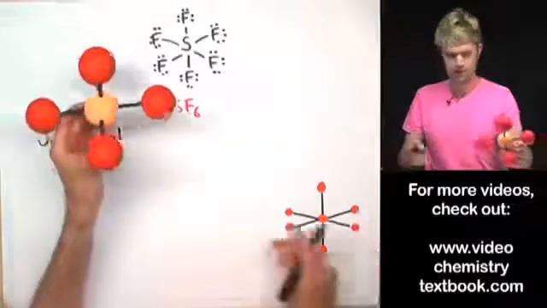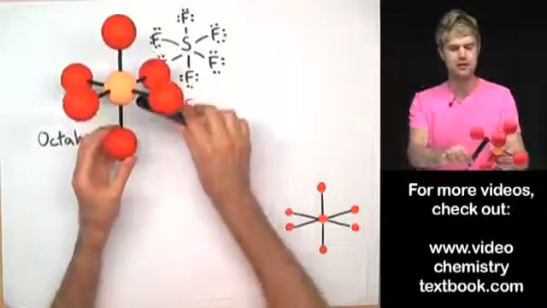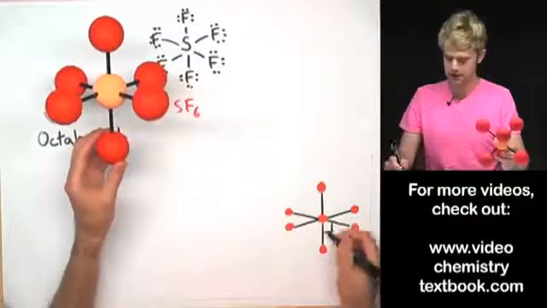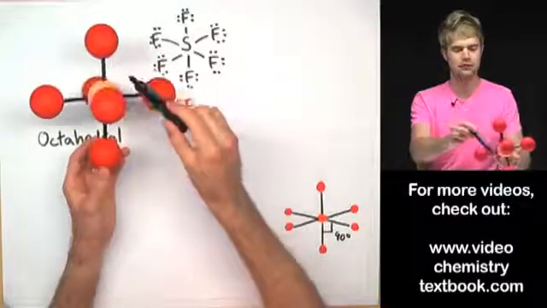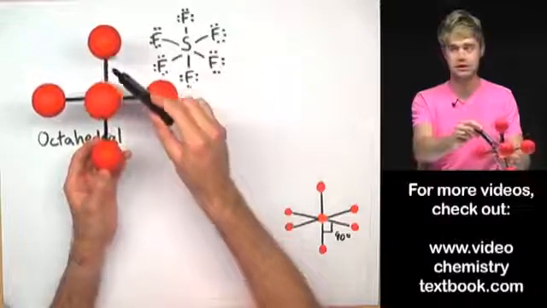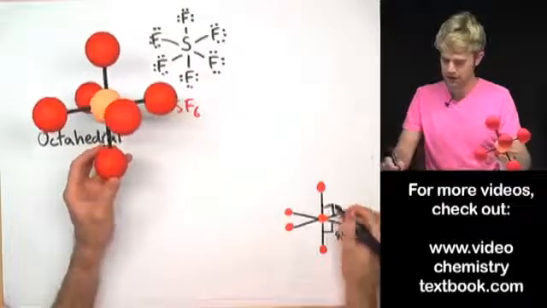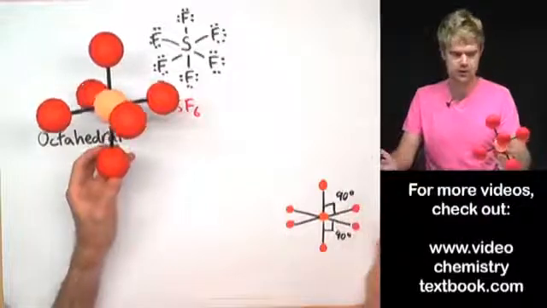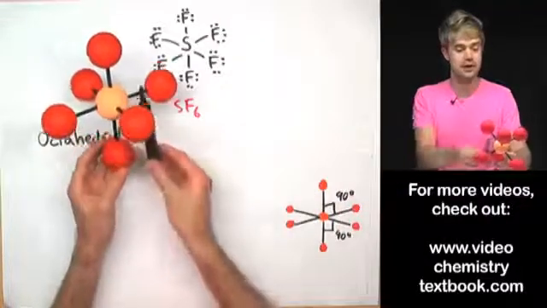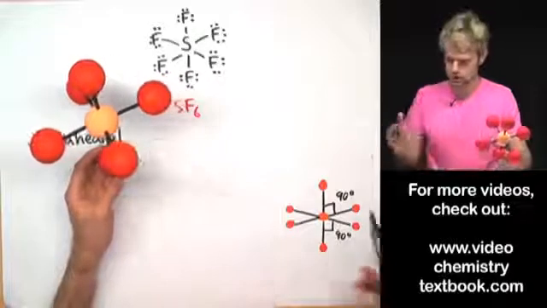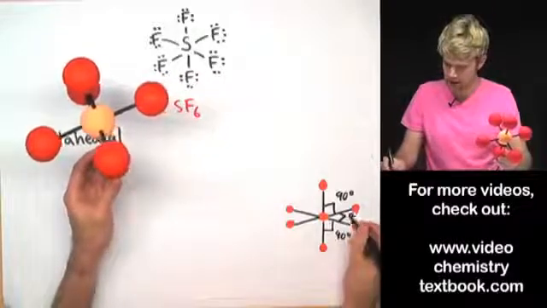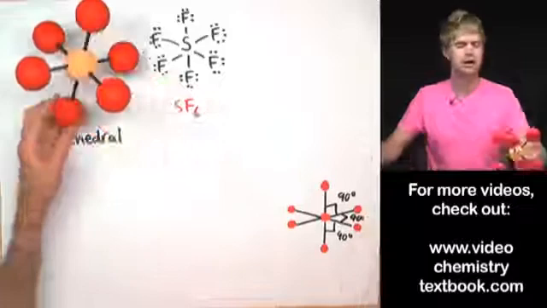So for example, the bond from here to here, which would be this one in the diagram, is 90 degrees. Or the bond from this to this one, these 2 here, that would be 90 degrees. Or the bonds, this is sort of difficult to show, but there we go, between these 2, right there, would also be 90 degrees.